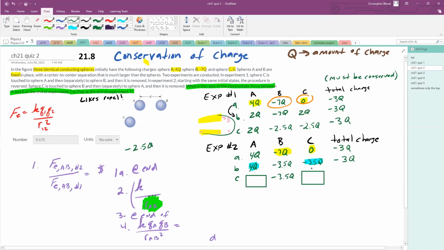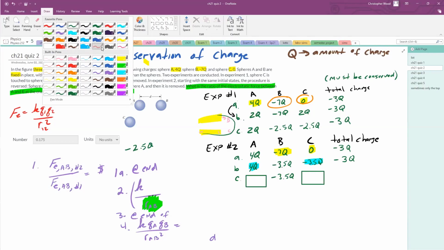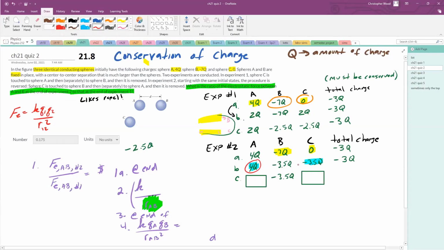Okay, so if I play the same game and I bring A and C into contact with each other, well, let's see here. I have 4Q on A and negative 3.5Q on C. So between A and C, here's the total charge. I have 4Q minus 3.5Q equals 0.5Q.